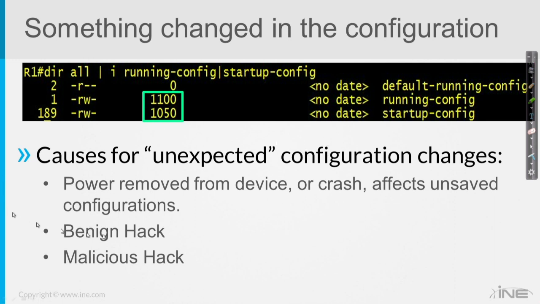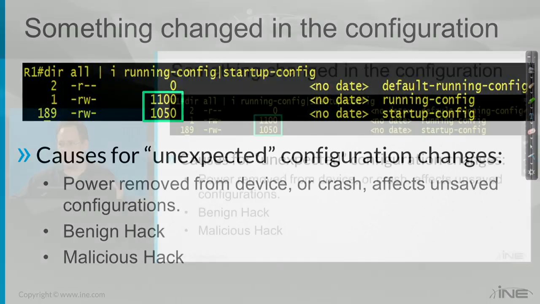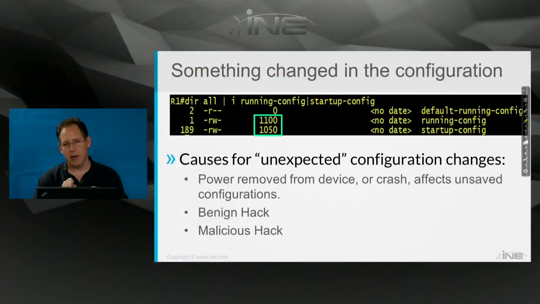There could be a benign hack. What do I mean by a benign hack? That means that somebody without proper training or authorization logged into the router or switch, attempted to configure it, and screwed it up. Now, maybe it's not malicious. In other words, maybe you're training a network admin who's going to take up the reins when you leave, and they got into it.